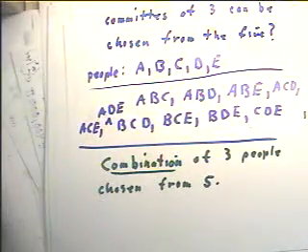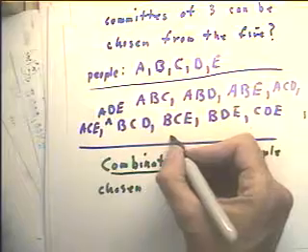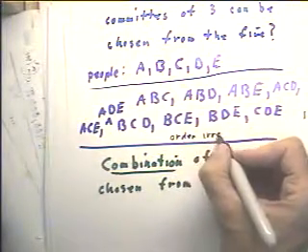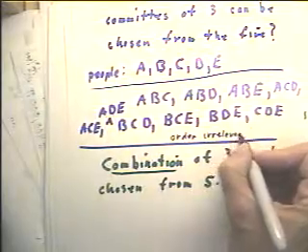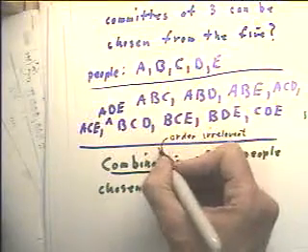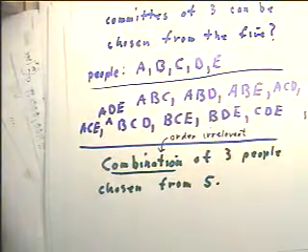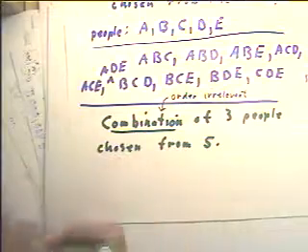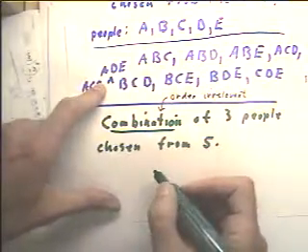Same idea as the permutation, except in the case of a combination, order is irrelevant. It doesn't matter. That's the meaning of the idea of a combination. Okay, let's see how we would calculate the number of combinations.